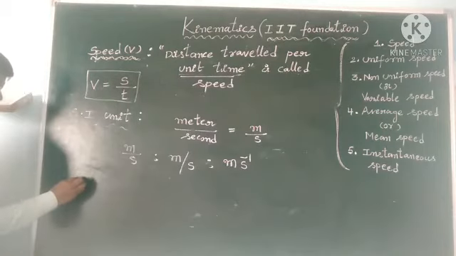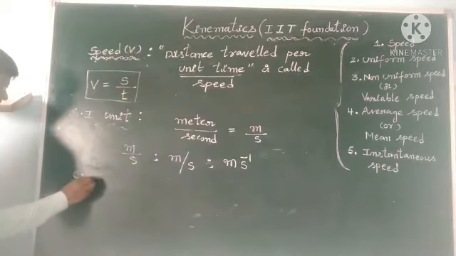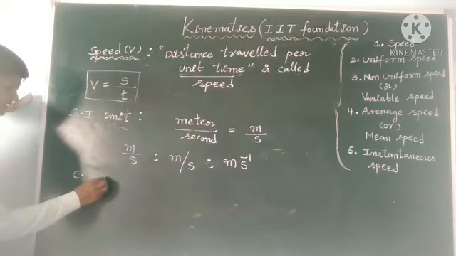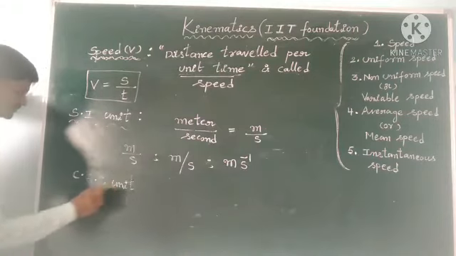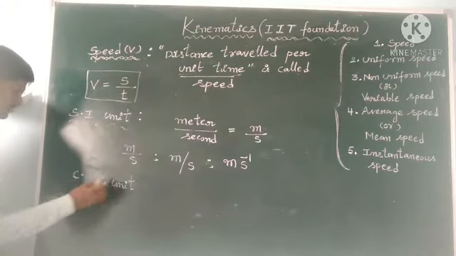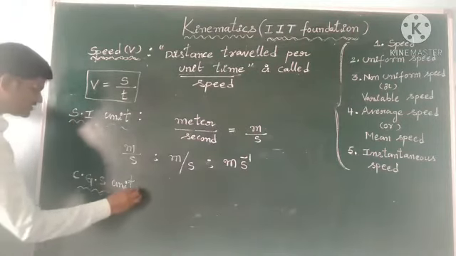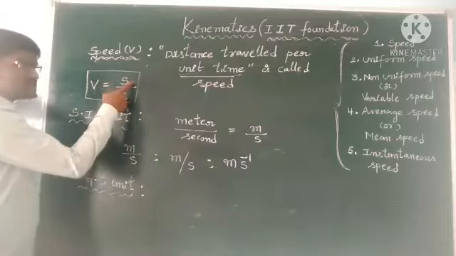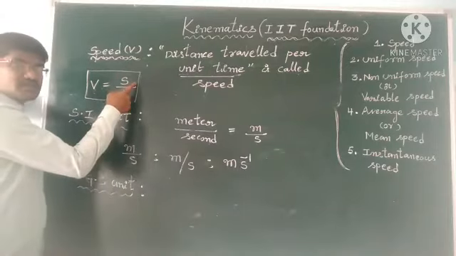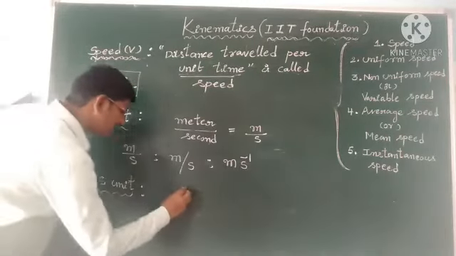Now next one is CGS unit. So you are writing the CGS unit of speed. To write the CGS unit of speed, we should write the CGS unit of distance and time.